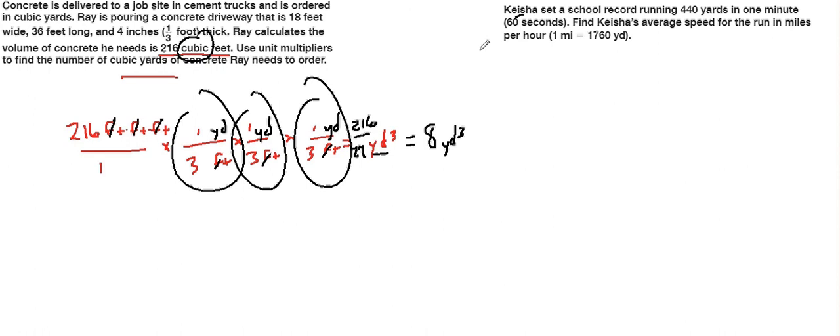Keisha set a school record running 440 yards in 1 minute. We got a rate now, yards per minute. Find Keisha's average speed for the run in miles per hour.